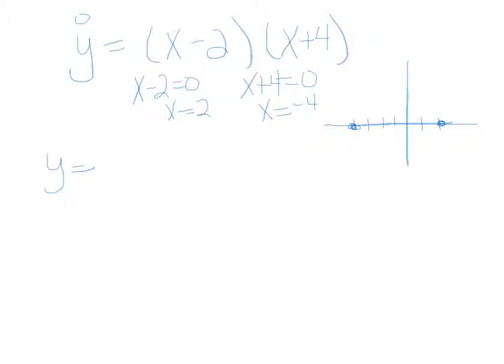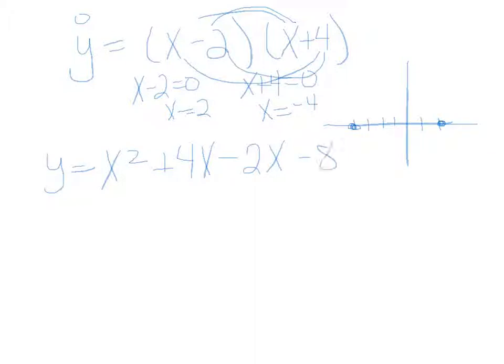So let's do that real fast. x times x is x squared. x times positive 4 is plus 4x. x times negative 2 is minus 2x. And negative 2 times 4 is negative 8. Combine these like terms. y equals x squared plus 2x minus 8.